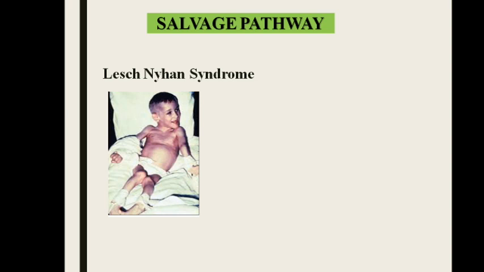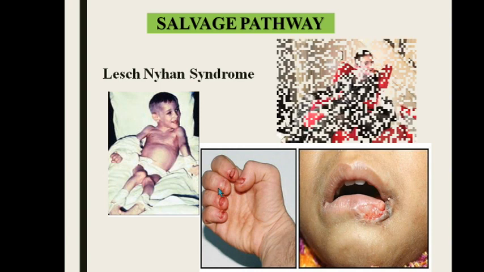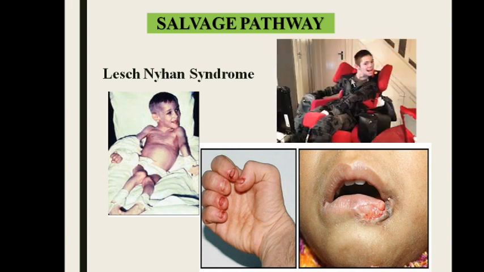Now, what are the clinical manifestations? You can see that the boy is restricted to bed because he is unable to move. The patient has biting of his lips, biting of fingers, called self-mutilation. And you can see there is abnormal neck tilting or lateral movement of the neck because the patient will have dystonia. The muscle tone is reduced in these patients, and they are very flexible. Muscles are highly flexible, resulting in any sort of abnormal movement.